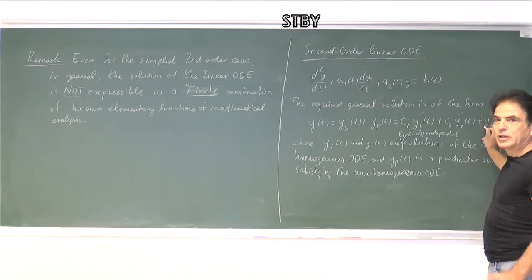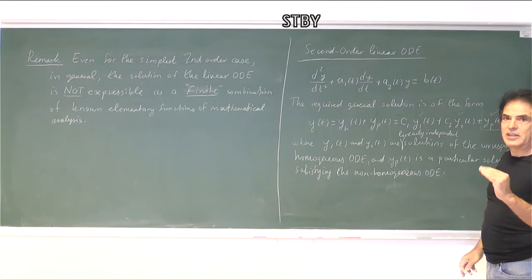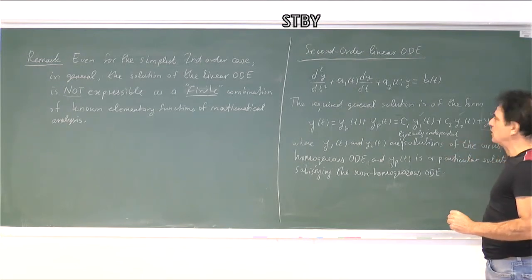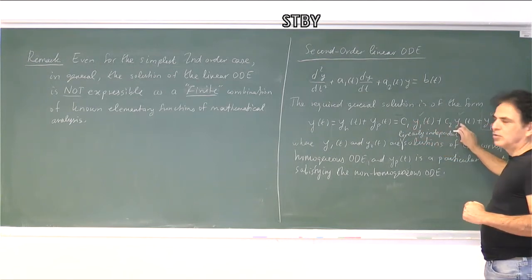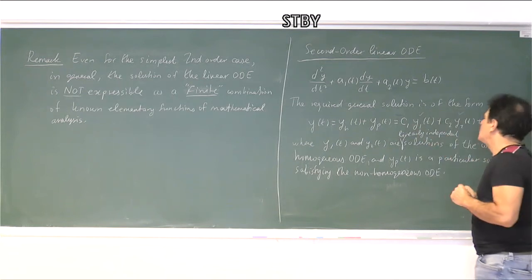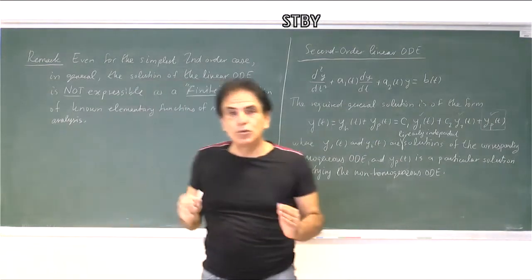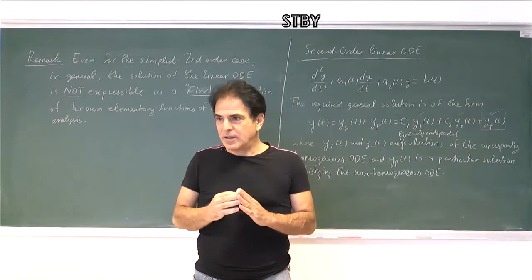In other words, we can always determine a particular solution whenever y1 and y2 are known. So it is of crucial importance to solve the homogeneous ODE, right?